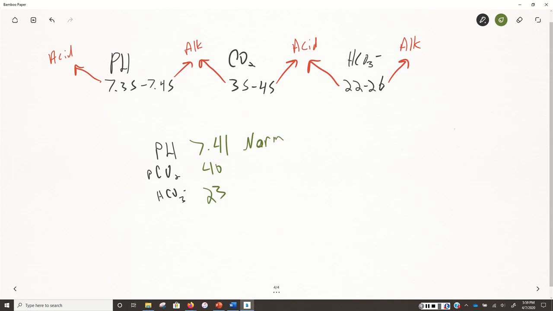And PCO2, 40, perfectly right in the middle. And bicarb 23, also right in the middle. That's great. What does this person have? Well, I always say this person has health. This is exactly what we want to see. The numbers are all normal, so we can stop there with that guy.